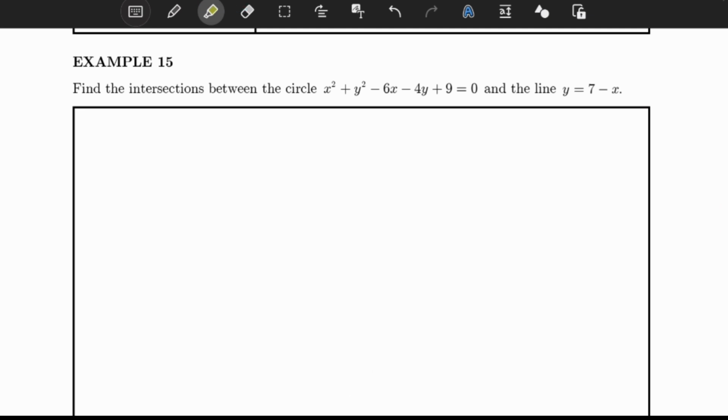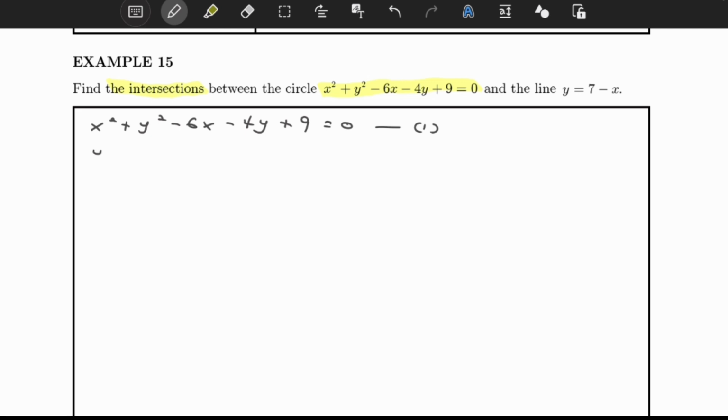In example 15, find the intersection point between the circle x squared plus y squared minus 6x minus 4y plus 9 equals 0 and the line y equals 7 minus x. So now let's copy the equation first. We have x squared plus y squared minus 6x minus 4y plus 9 equals 0. So this is our first equation.